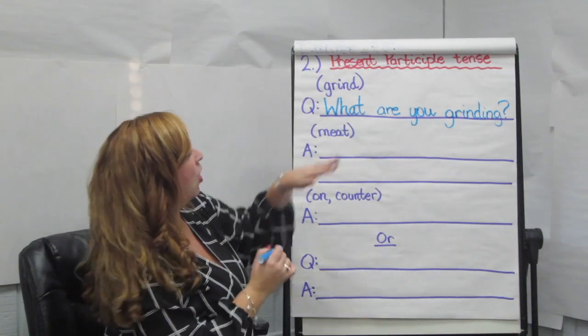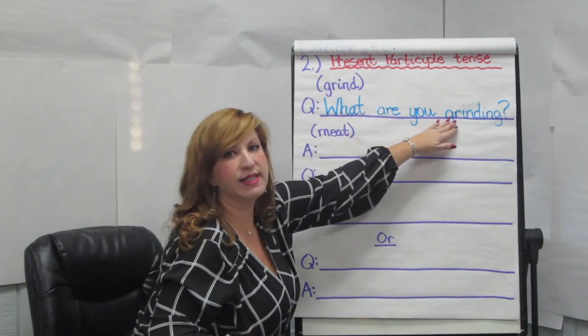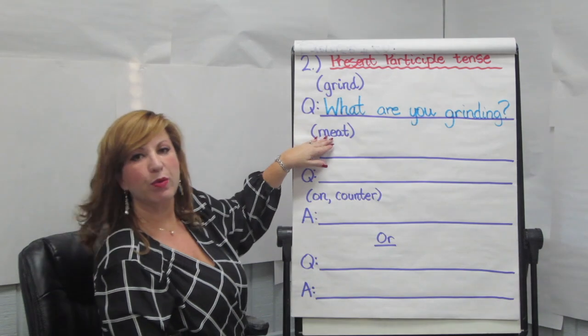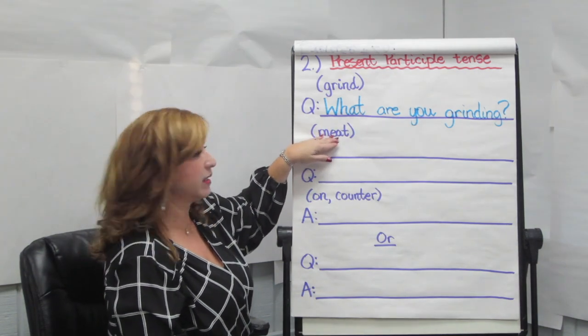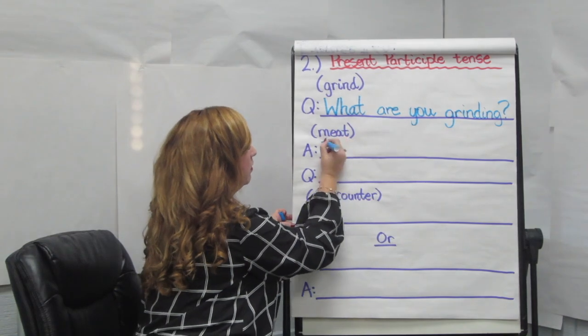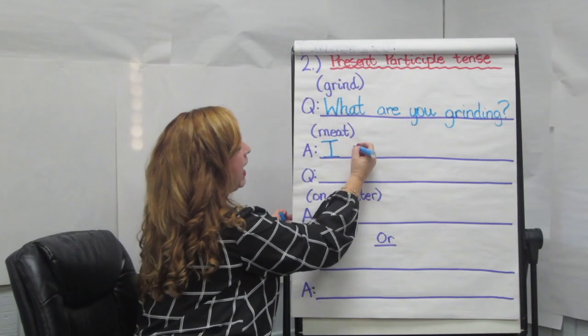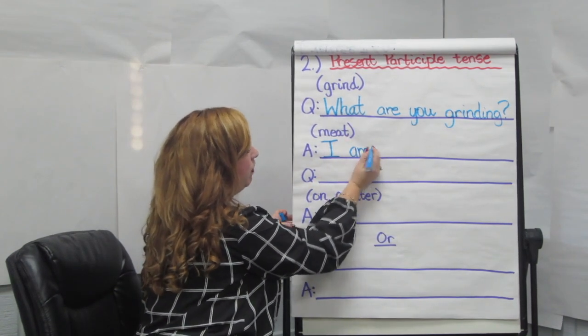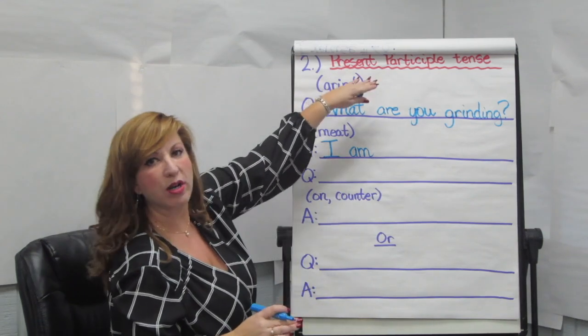So again, what are you grinding? And here in parentheses, we know that it's meat. So my answer would begin with I. I am is my helping verb because it is in the present participle.